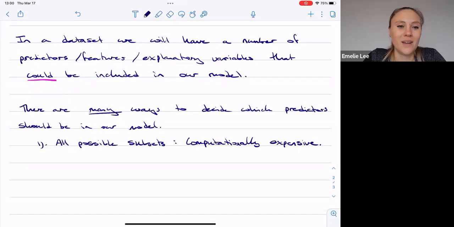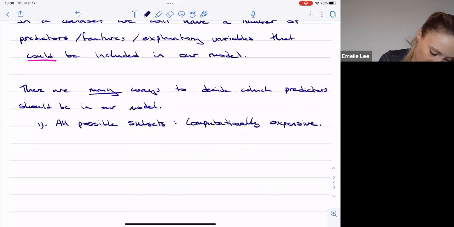So usually we don't do that because it's computationally expensive. But if you wanted to be really sure and you only had a small number of predictors, then you could do it. But what you'll see is that the list of options kind of goes on and on and on. So even with 2 predictors, it gets a little out of hand.